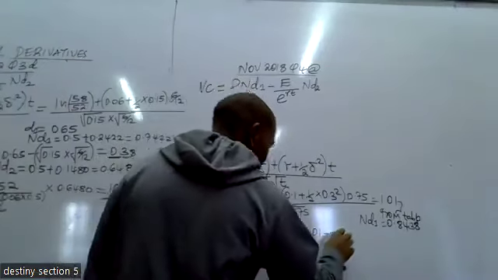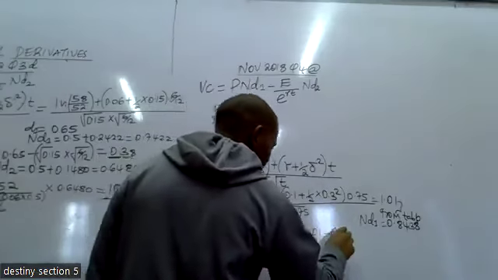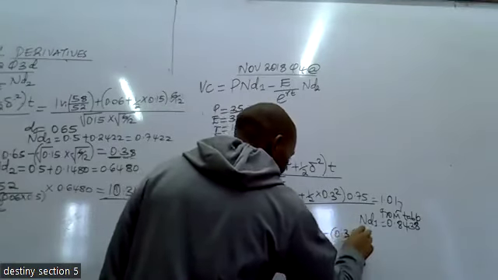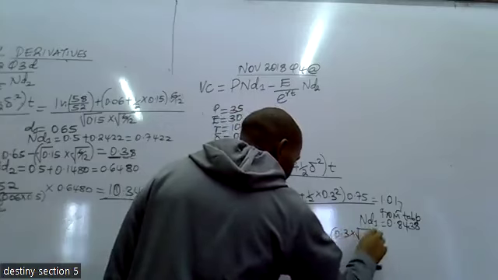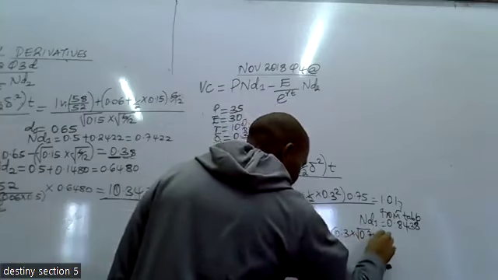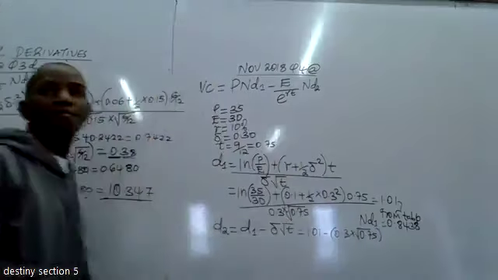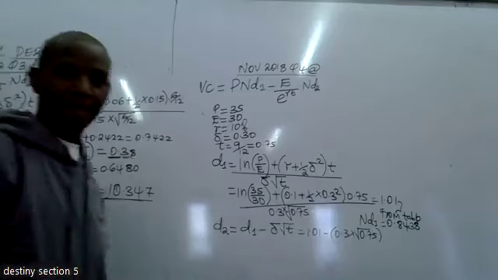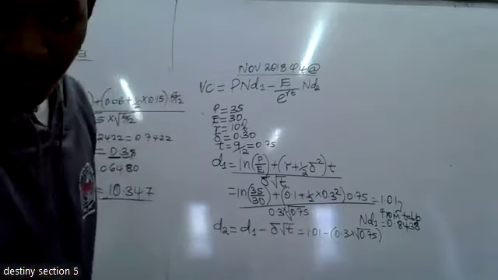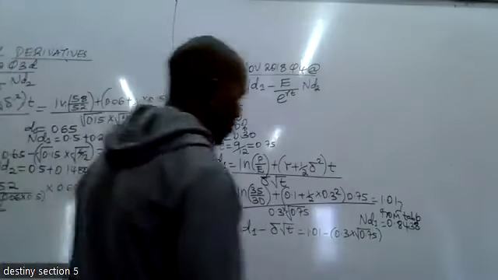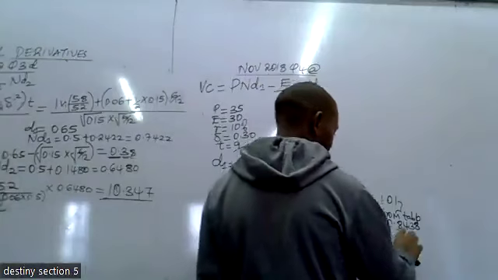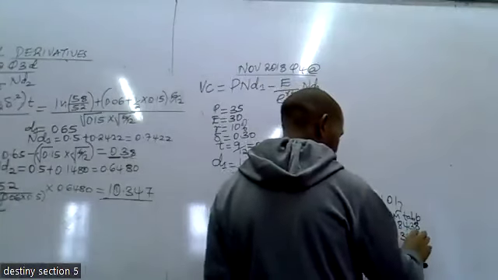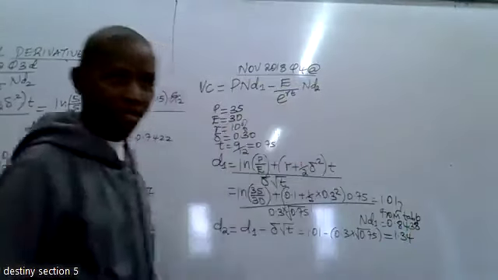Minus, the standard deviation is of how much? 0.3, you multiply by the square root of 0.75. 1.34. That is what we've gotten there.